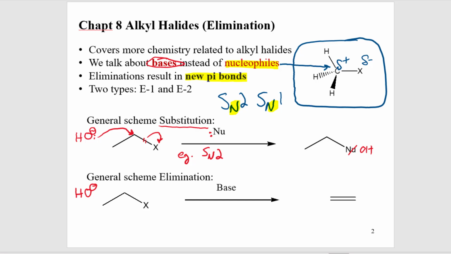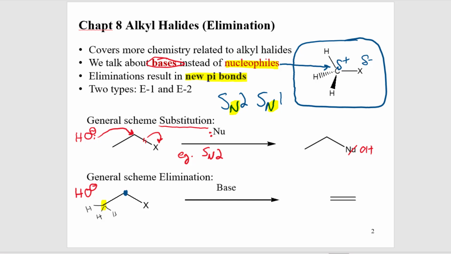Instead of going after the carbon bearing the leaving group, it's going to go after the carbon next door. How? Well, hopefully the carbon you're looking at next door has hydrogens, and we're going to use it like a base. So our nucleophile is not going to attack the partially positive carbon.